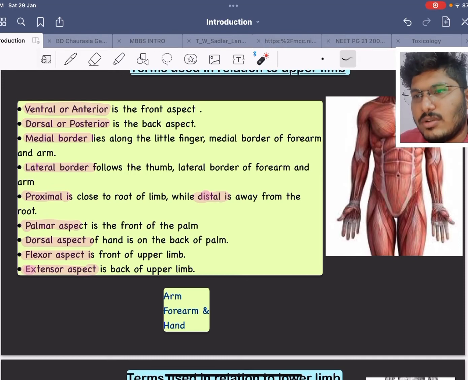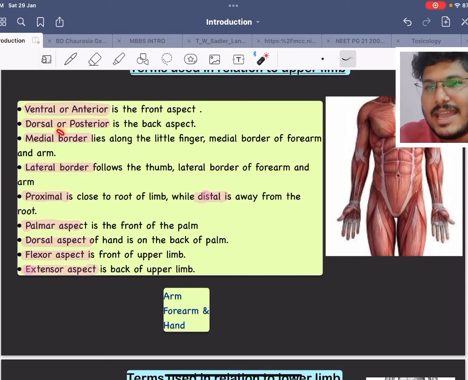We need to keep that in mind. If we are confused at any point of time, we should just imagine the anatomical position, and then apply the concept of these terminologies. So this is the dorsal, posterior, back aspect of the upper limb. This is the ventral, anterior or front aspect of the upper limb. So we need to imagine the anatomical position.